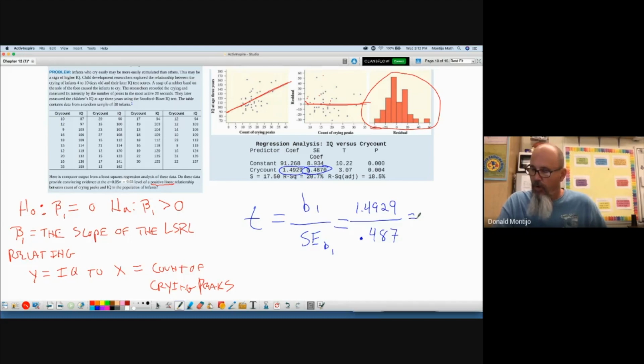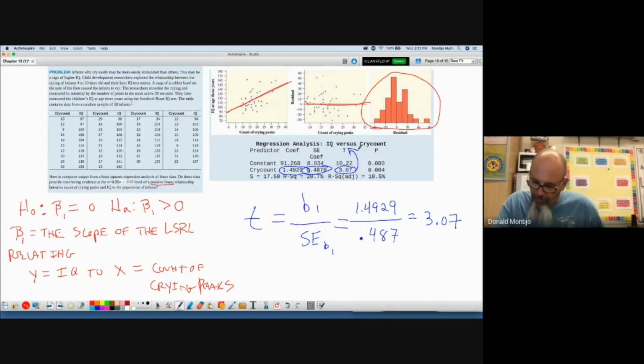And when we do the work, we'll get 3.07. Uh-oh, why did I do the work? Look, 3.07 was given. The t-test statistic for the slope is given in the printout. I just wanted to show you how the formula worked and where that 3.07 came from.